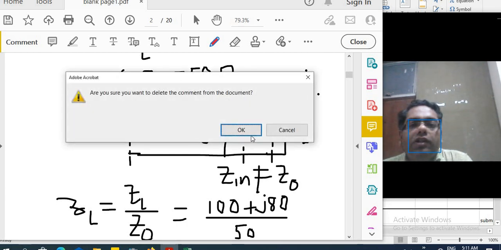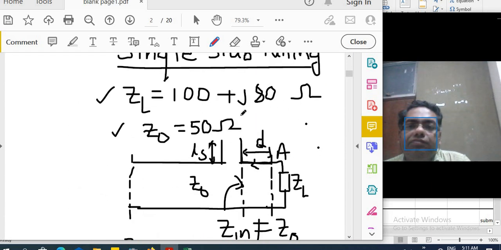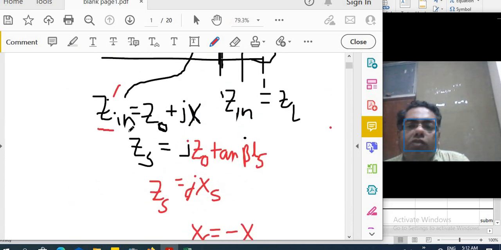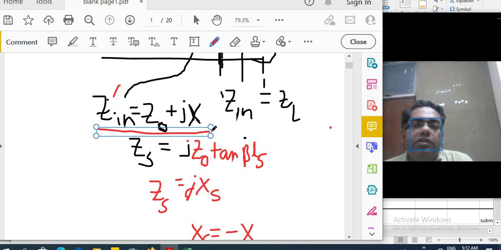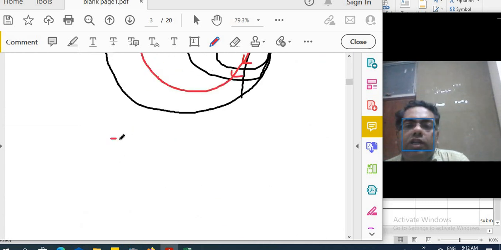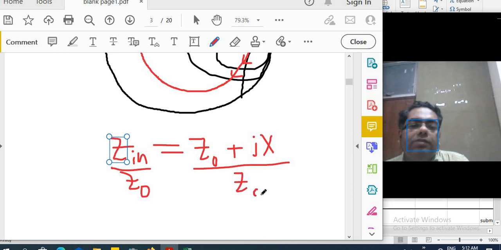We will travel that distance where the input impedance becomes, as I have already explained, Z0 plus jx. But in the Smith chart we do everything in normalized form. So we want the distance d such that Zin is equal to Z0 plus jx, but in the Smith chart all impedances are normalized, so everything is divided by Z0.